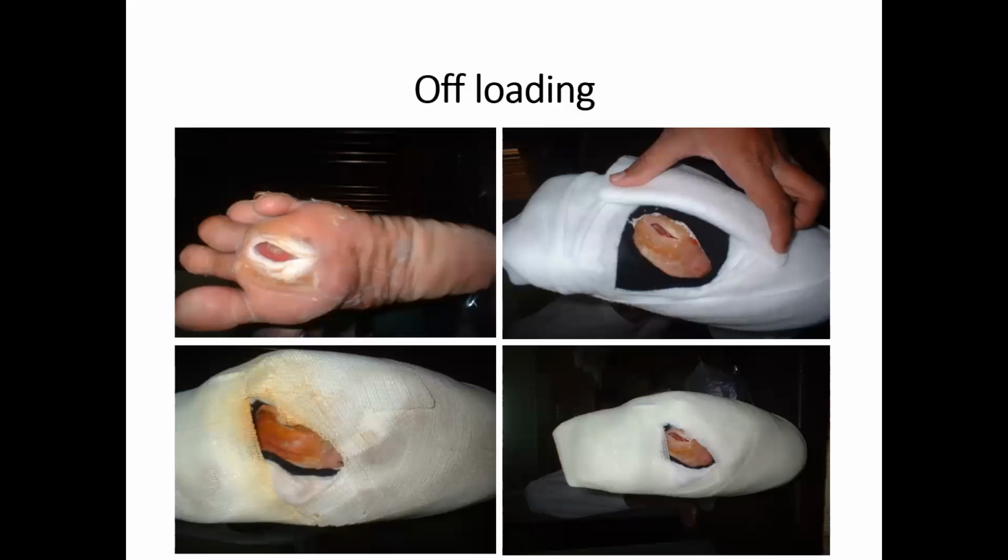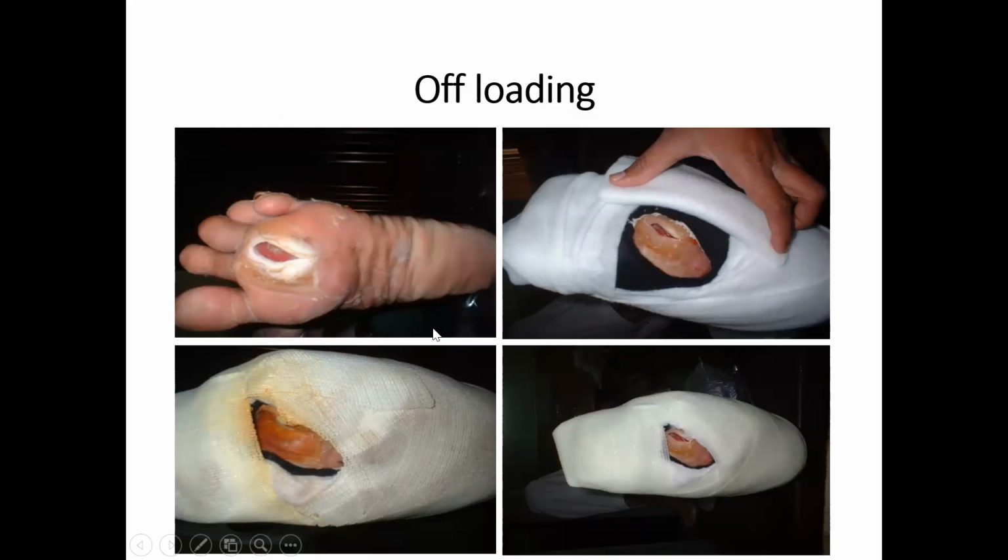These are the various offloading methods which I'm showing you. This is the foot ulcer which is present on the plantar surface, and this is how they have offloaded it. The pressure goes on to the rest of the foot surface surrounding the ulcer, and the main area of the foot ulcer is offloaded.